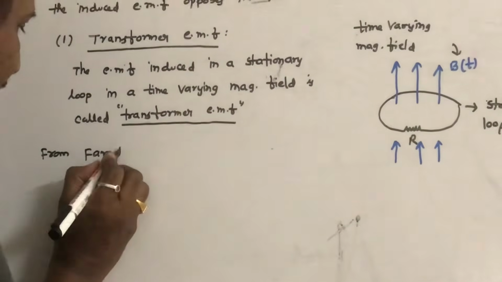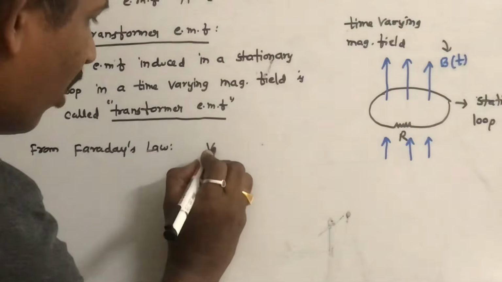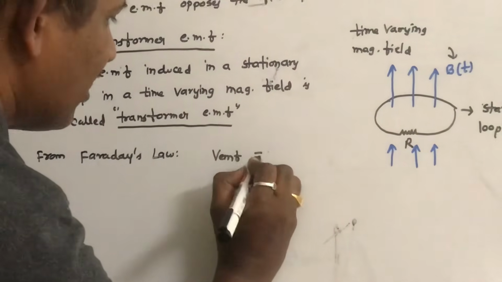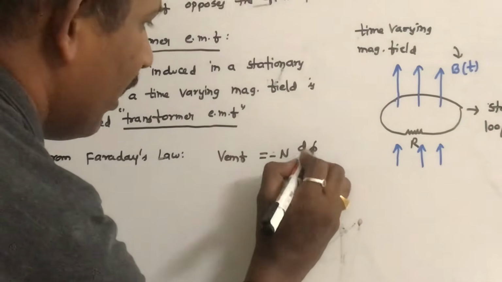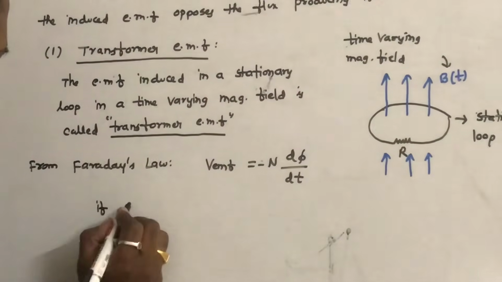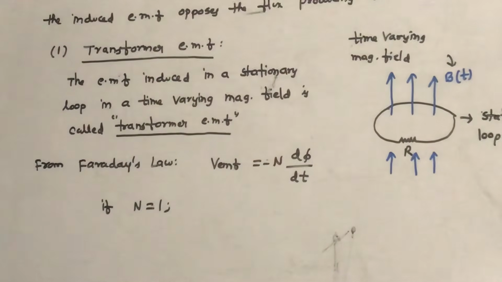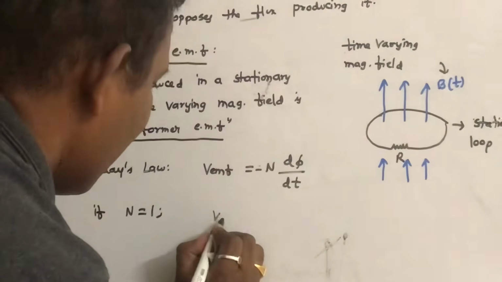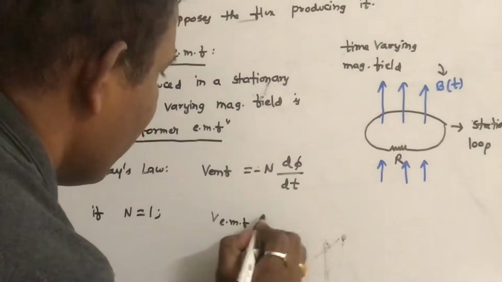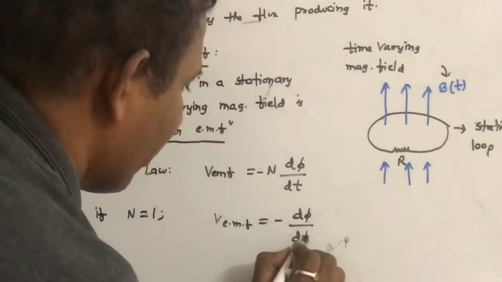we have this statement. What is the EMF induced? Simple equation, minus N into d phi by dt. If the circuit consists of one turn, that is N is equal to 1, then the EMF induced is written as minus d phi by dt.